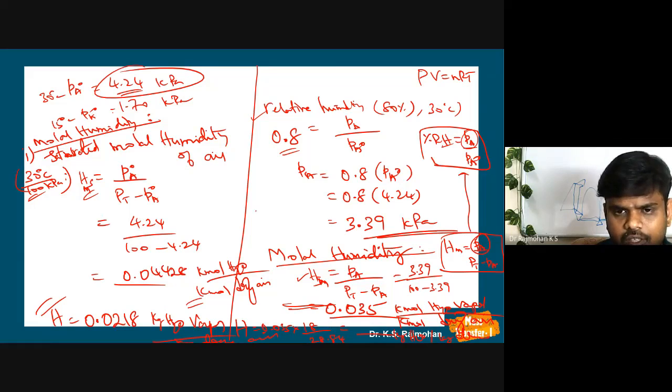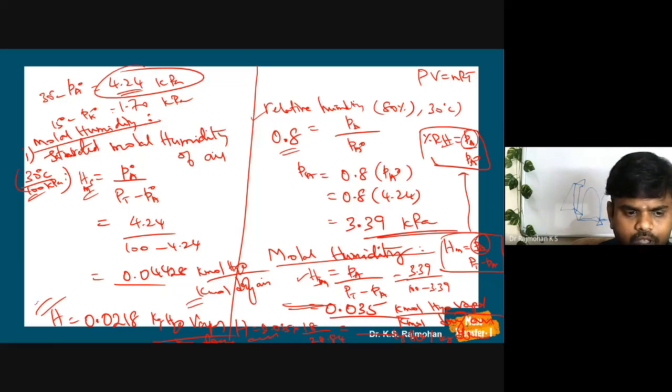Then another data given was relative humidity, 80%, so partial pressure was determined. Using the partial pressure, we calculated molar humidity. From molar humidity, dividing by molecular weights, we got the absolute humidity.